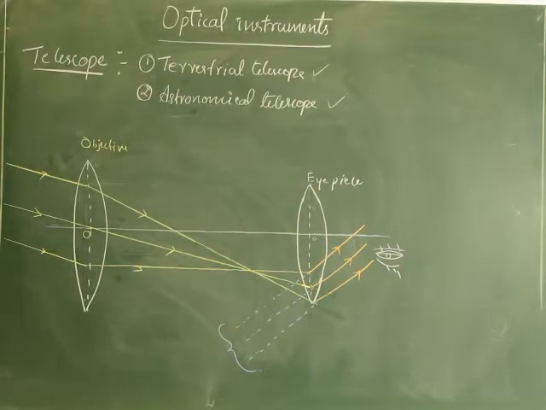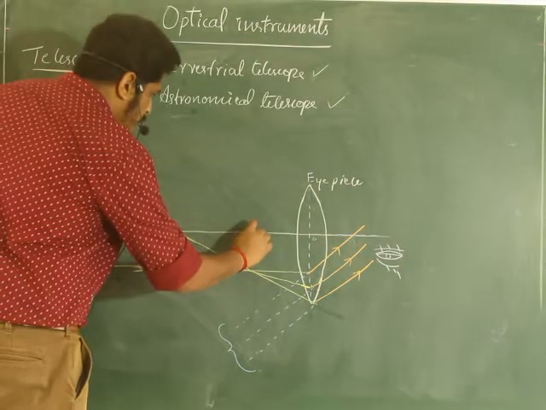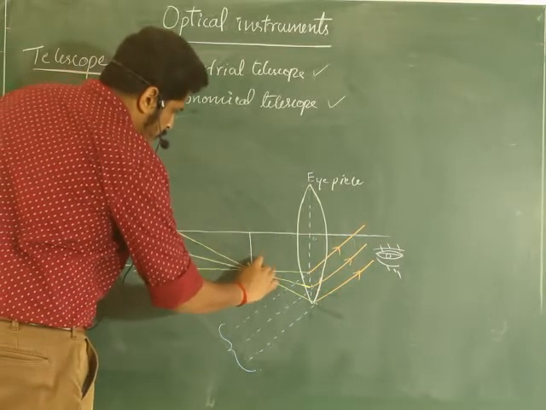Next, what we can understand from this is the different angles which are formed. Then here the image is formed, an inverted image.